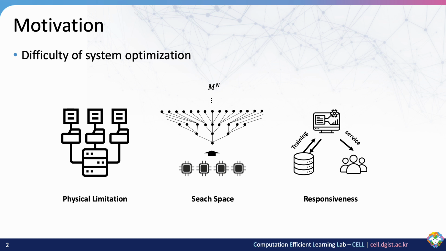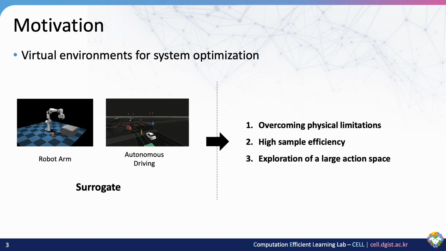Third, system responsiveness. High resource utilization or frequent reconfigurations can degrade performance or cause instability, making it difficult to keep the system responsive.